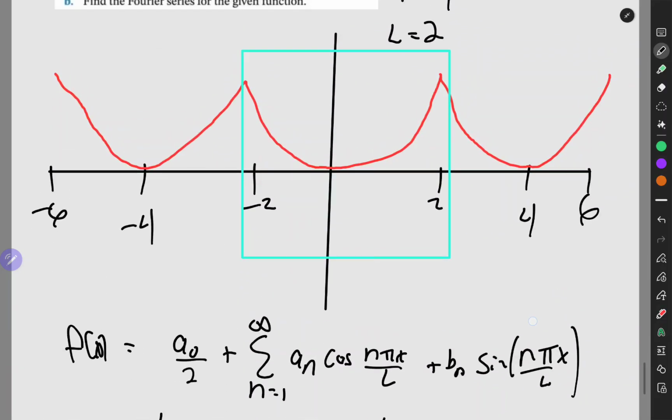For this problem, what kind of symmetry do we have? I see symmetry over the y-axis, which is, what kind of symmetry is that? That's odd symmetry, right? No, even symmetry over the y-axis.